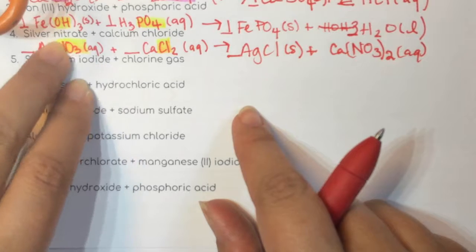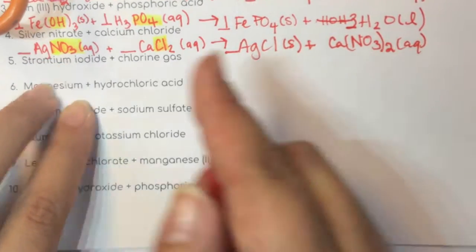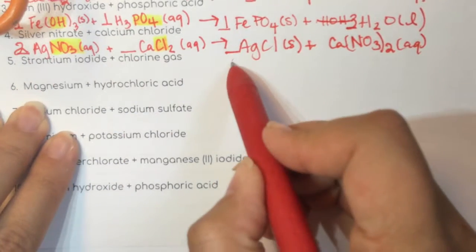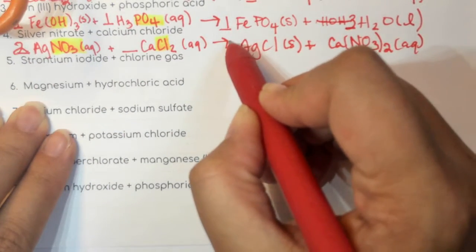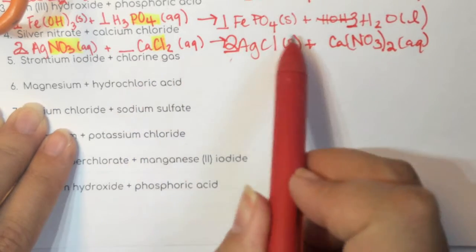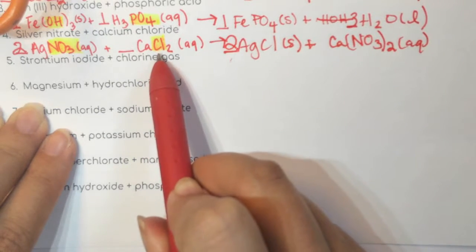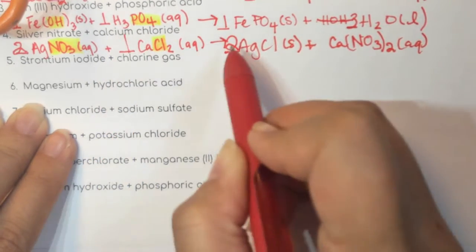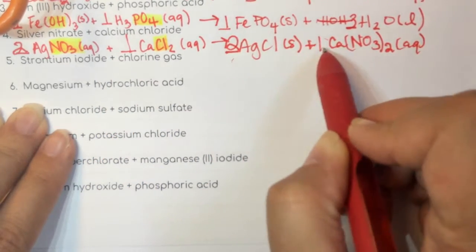Nitrate, I have 1 whole nitrate here, but I have 2 here, so I have to put a 2 over here, which makes me have to fix silver over here to a 2. And then, of course, calcium, it's 1 and 1. Chlorine is 2, and then the 2 here. So it's a 2 to 1, 2 to 1 ratio.